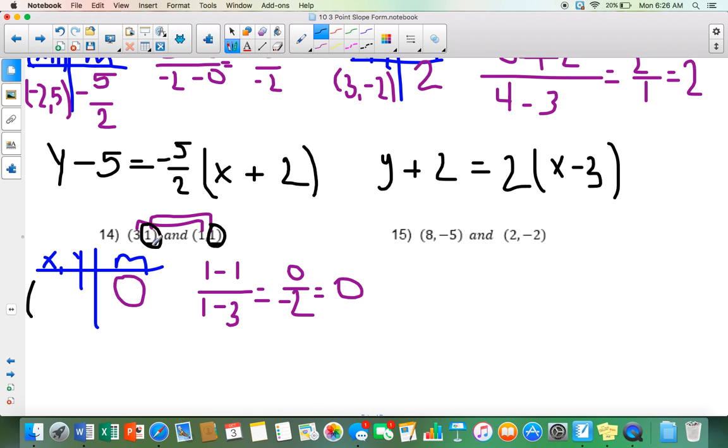Because this is a horizontal line, going right here, because we've got a point 3, 1, and then 1, 1 right here, we know our equation of our line is y equals 1. Okay, I'm going to go ahead and skip number 15.